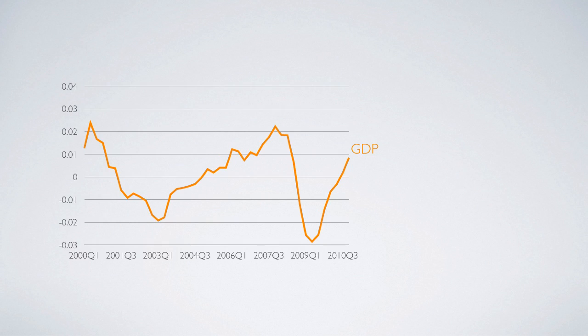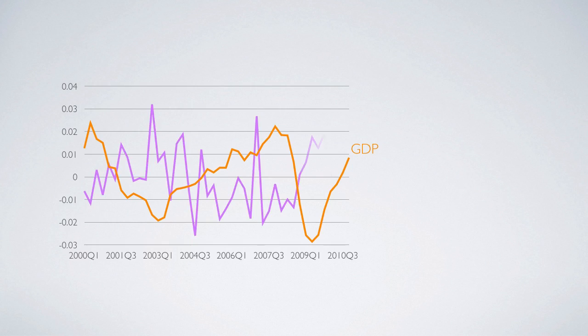On the other hand, sometimes you have a variable z and you extract its cyclical component, and you find that its movement seems to be against the movement of the cyclical component of GDP. Like this purple line, whenever z goes up, the orange line, the GDP, goes down.